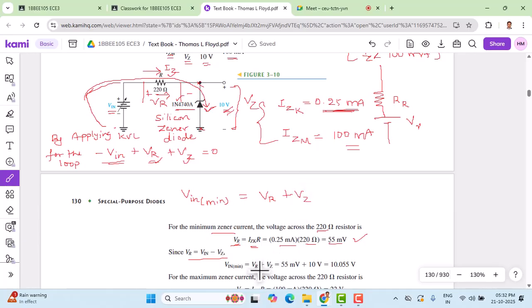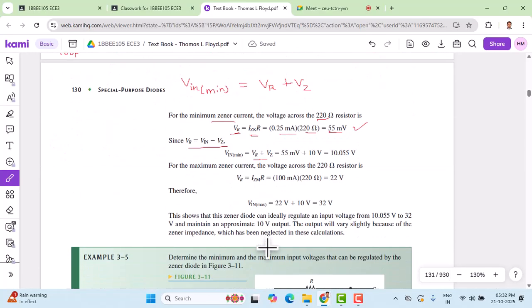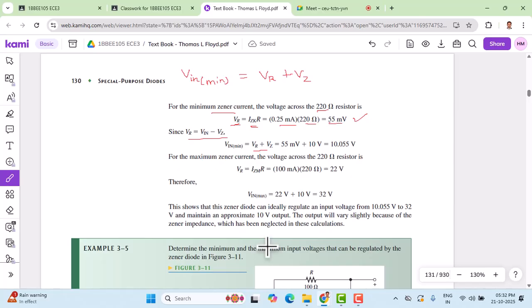I showed just now how we obtain VR equal to Vin minus VZ by applying KVL, and if we rearrange this equation, we get Vin minimum equals VR plus VZ. Now we substitute VR, which is 55 millivolt, and VZ, which is 10 volts. So we get 10.055 volts.